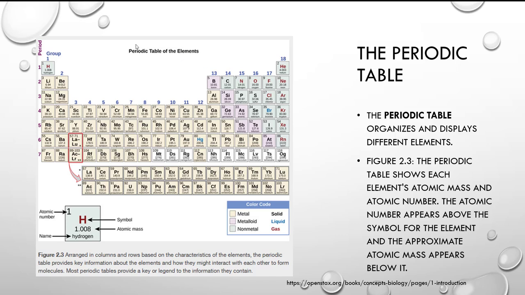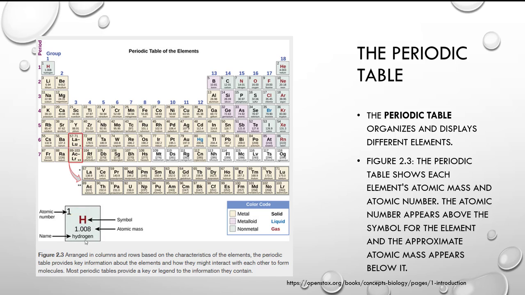If we look closely at each of the boxes, here's a box that's been highlighted. It gives you 4 pieces of information. You have the atomic number, which is the number of protons. You have the symbol of the element, which is easier to write down than the whole name.